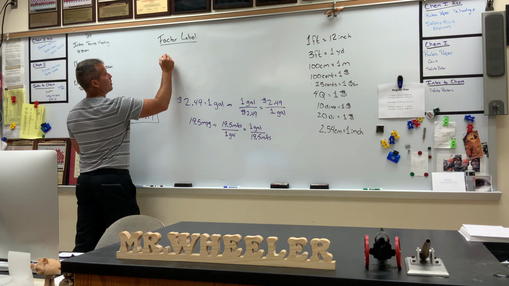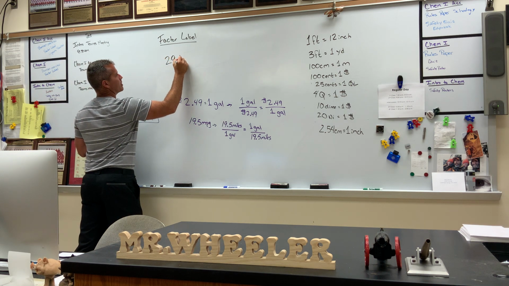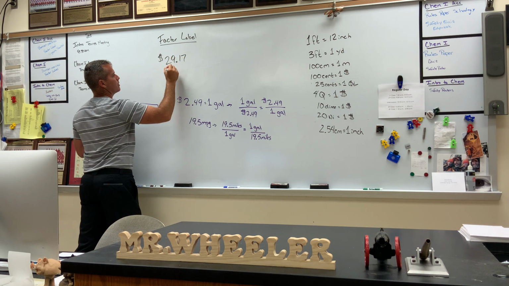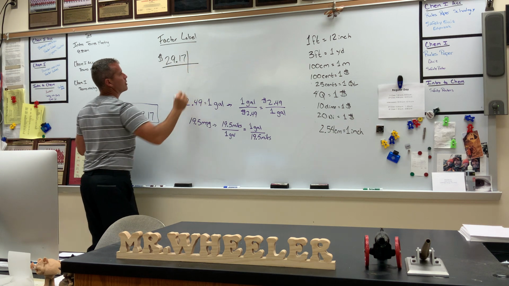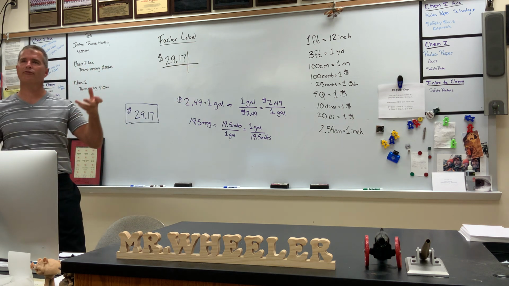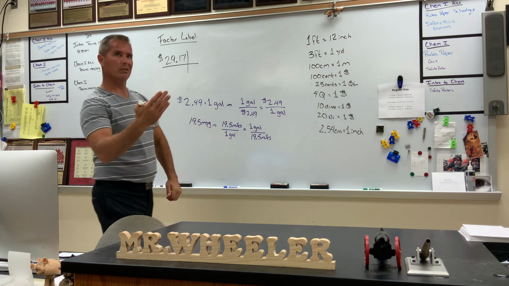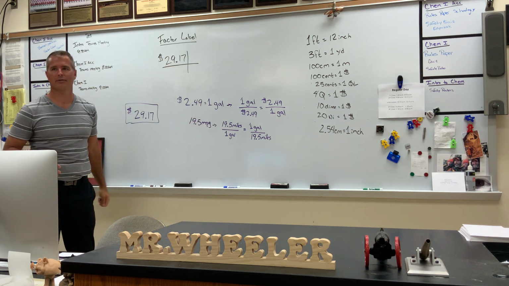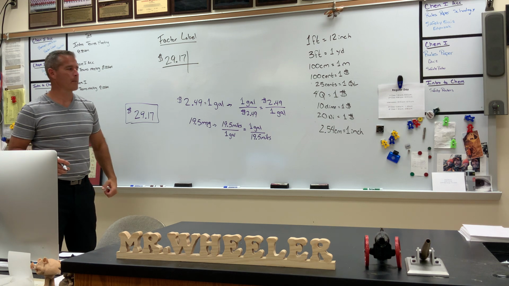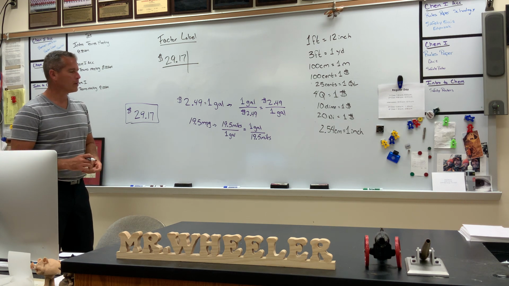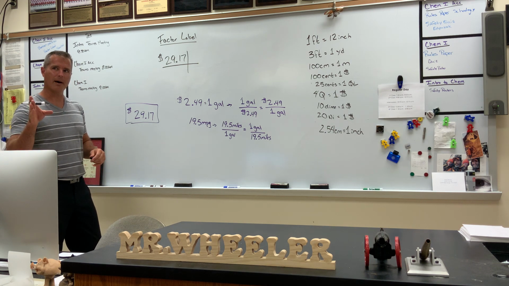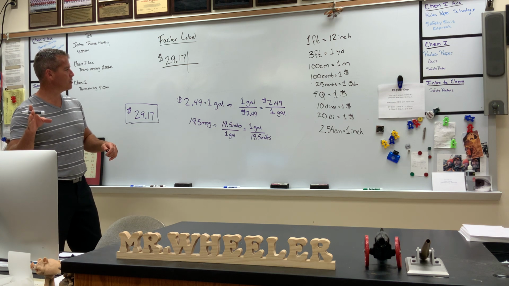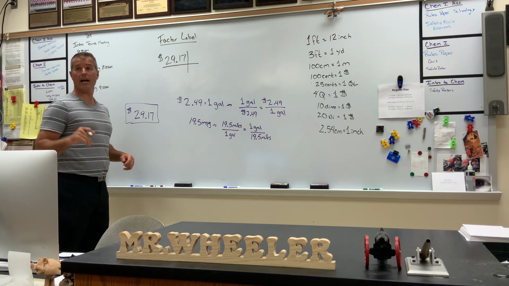So I'm going to start with $29.17. I asked how far, so distance equals miles. Somehow I've got to go from money to miles. What's my first step? You have to find out how many gallons you can buy.